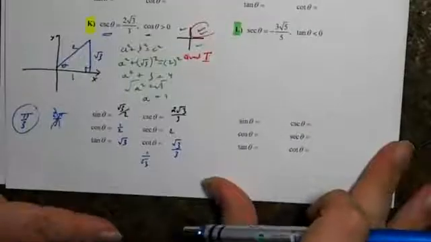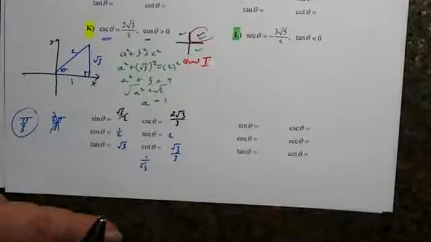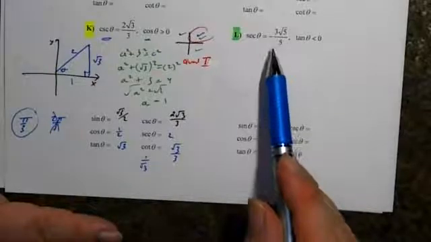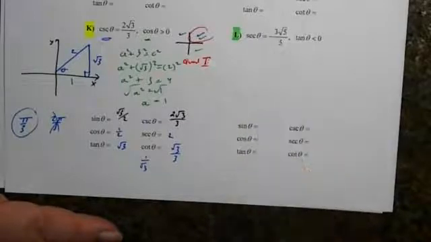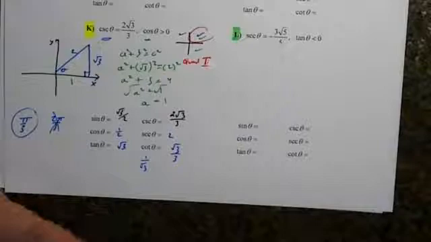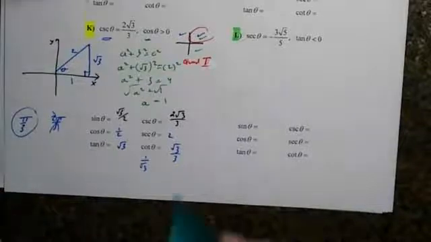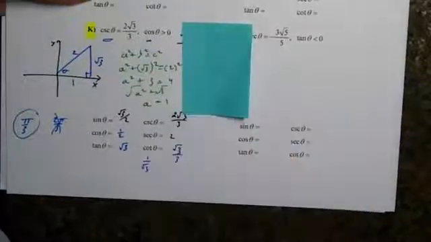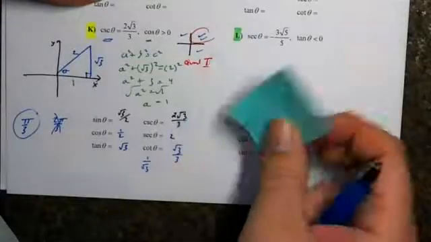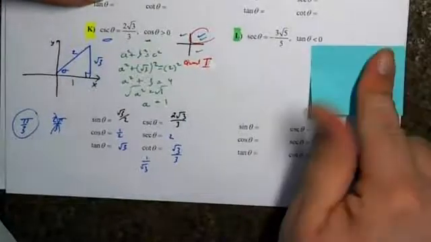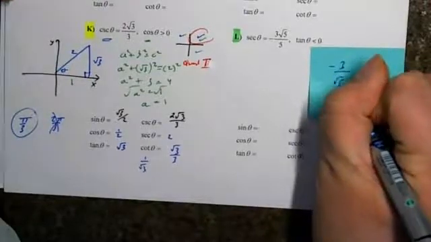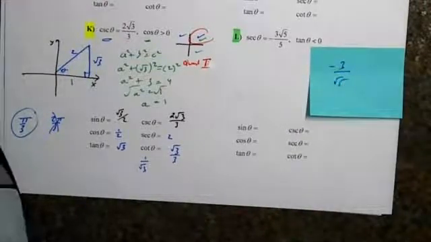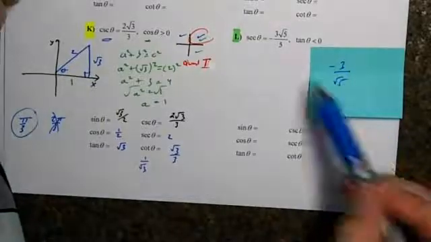All right, let's set up letter L. First of all, let's take a look at that. Secant of theta is negative 3 over the square root of 5. Well, let's see what that really was. This is negative 3 over the square root of 5, right? Because if I rationalize that, that's what I would get.